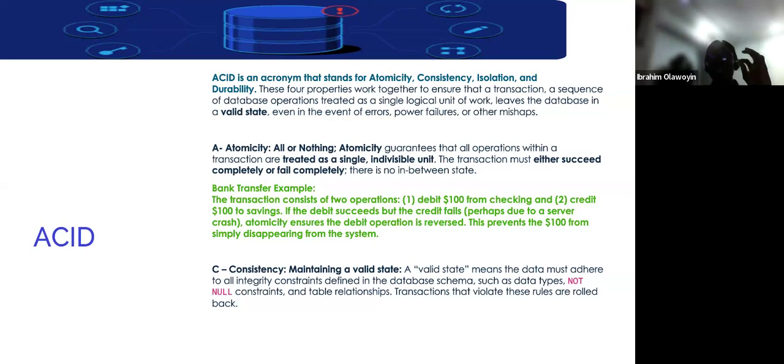So this is just a sum up of these four concepts that make up ACID, right? So now let's check them one after the other. When we say atomicity, what do we mean? Atomicity is actually all or nothing.